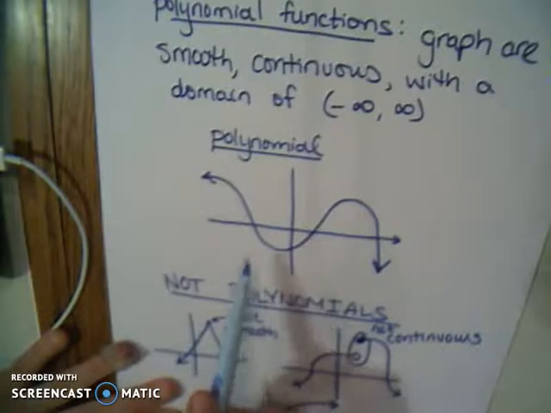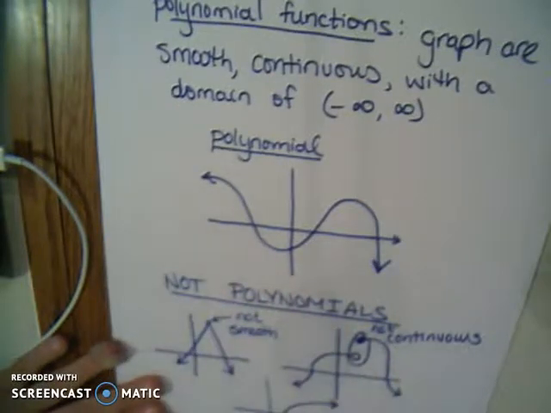So how exactly our graph goes off to the left and to the right depends on the leading term. So we have something called the leading term test.